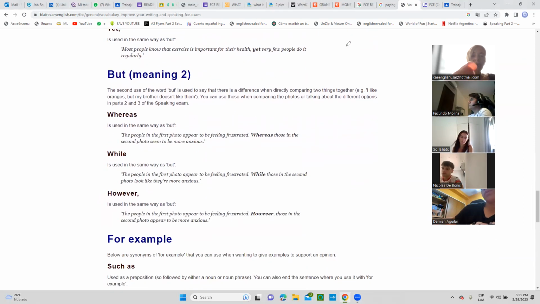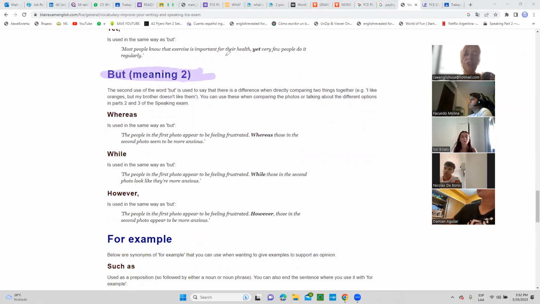But, meaning number 2. The second use of the word but is used to say that there is a difference when directly comparing two things together. For example, I like oranges, comma, but my brother does not like them.